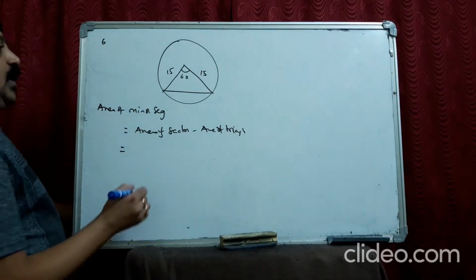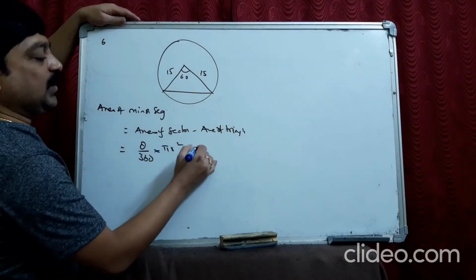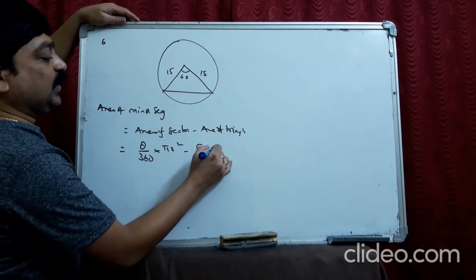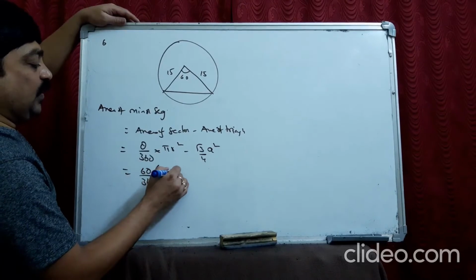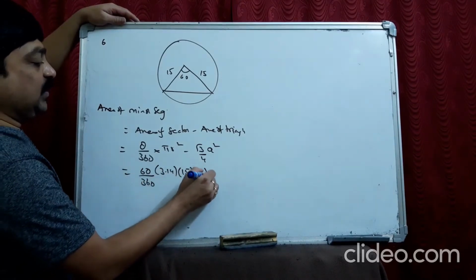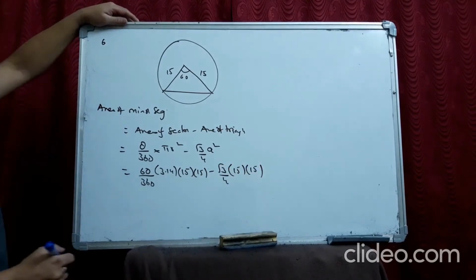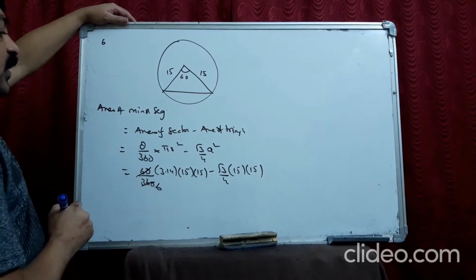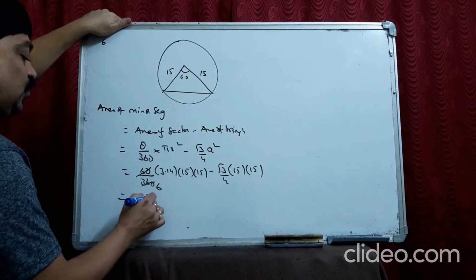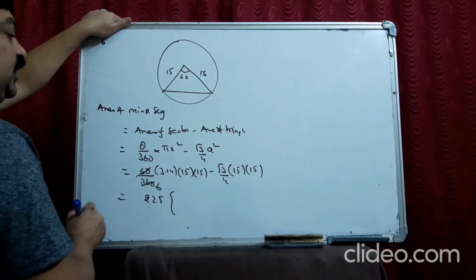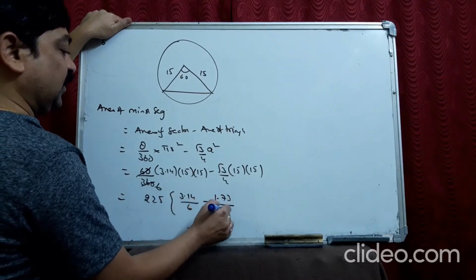Okay, we take that. Area of sector is theta by 360 into pi r square minus root 3 by 4 a square. So theta is 60 by 360 into 3.14 into 15, minus root 3 by 4 into 15 into 15. This becomes 6. Now let us take 15 into 15, 225 outside common. So what will be left here? 3.14 by 6 minus 1.73 by 4.